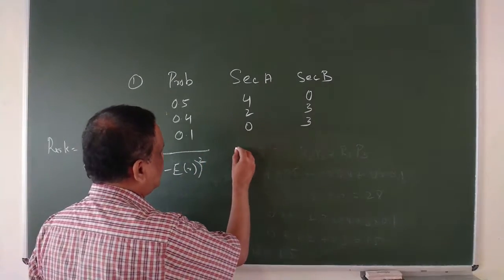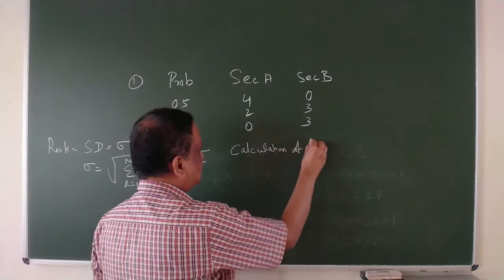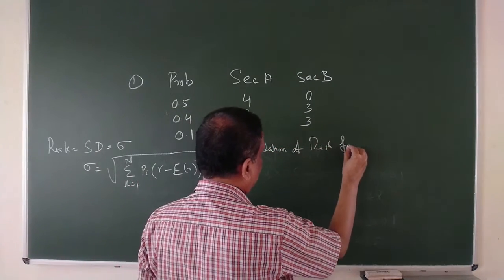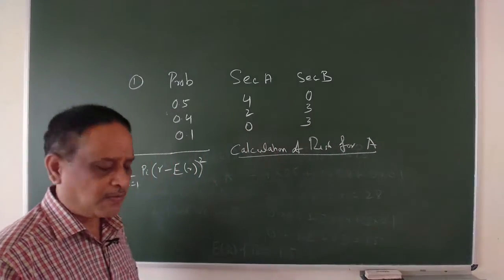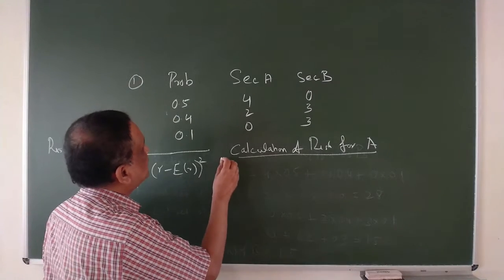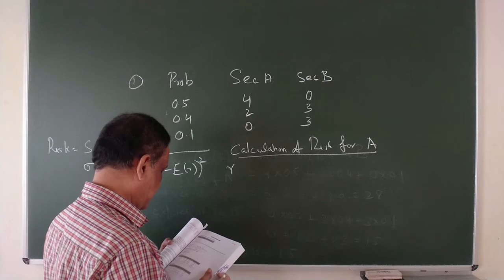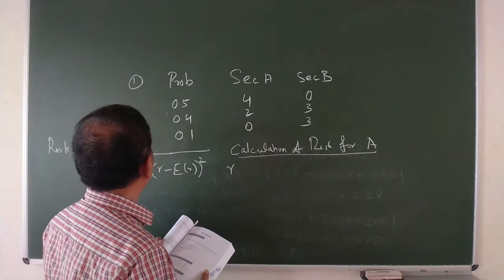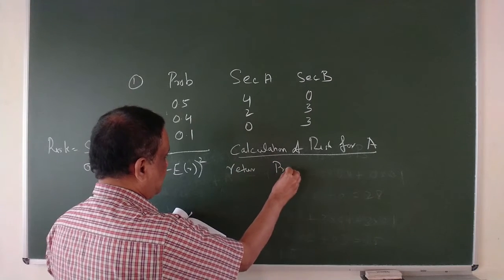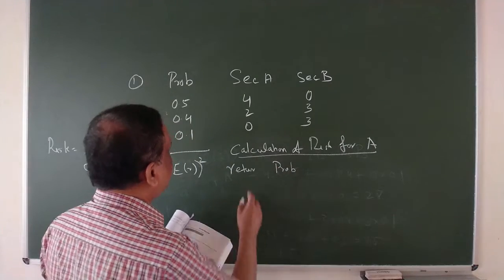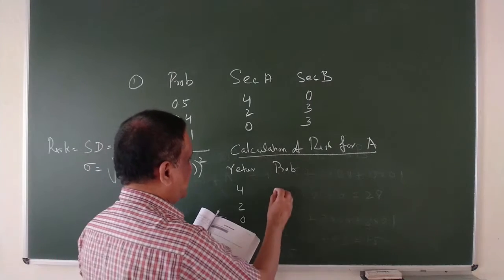Now let us calculate the risk for security A. The returns are 4, 2, 0 and the probabilities are 0.5, 0.4, 0.1.